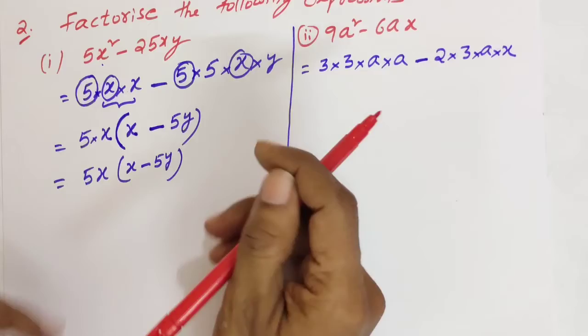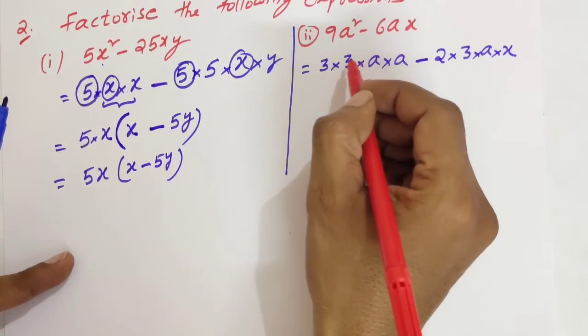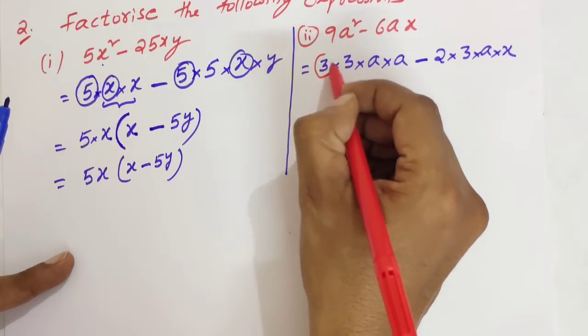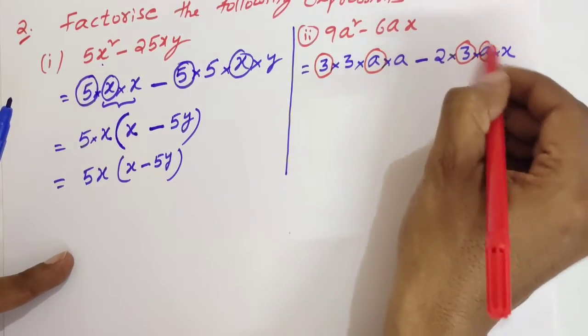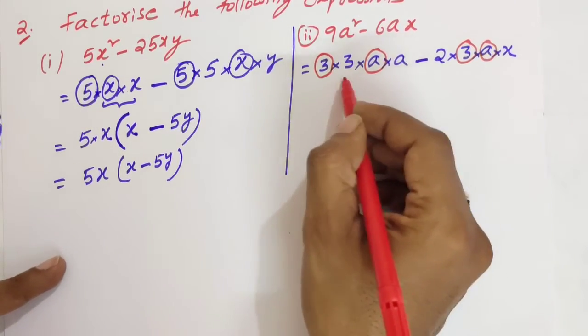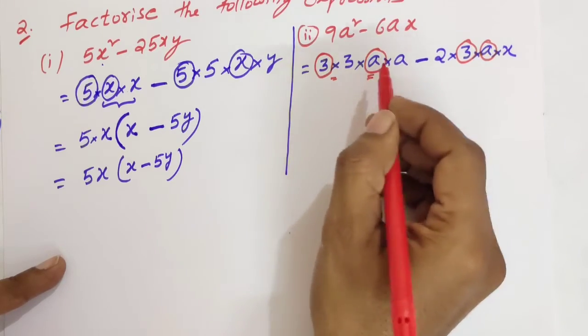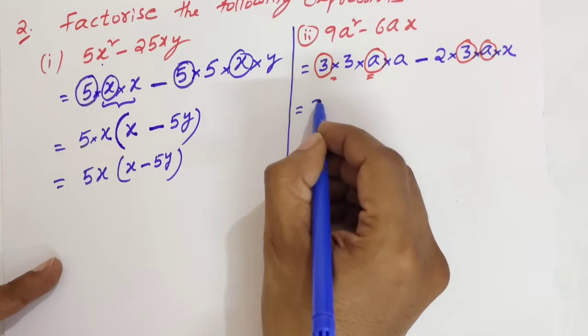Now in both of these, which is common? Yes, 3 and yes, a. Okay, that's it. So in both of these, 3 into a is common. So take it outside: 3 into a.